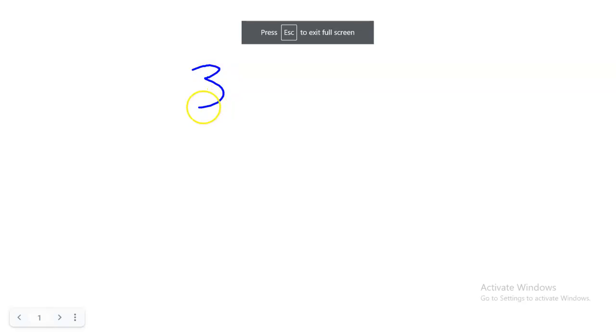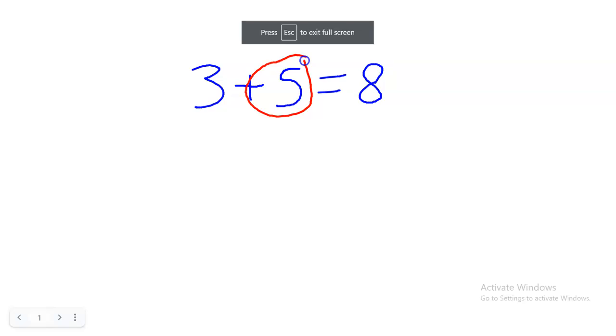If I've got 3 plus 5, and that's equal to 8. Okay? 3 plus 5 is always going to be equal to 8. I have to remember that whatever's on the left side of my equal sign always has to equal what's on the right side of my equal sign. So let's say, for fun, because math is fun, I want to move this 5 to the right side.